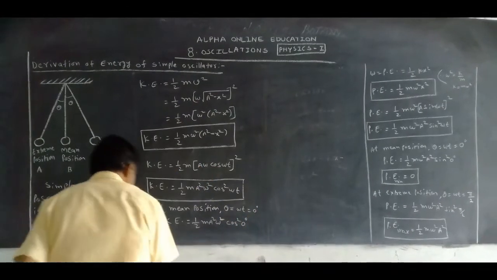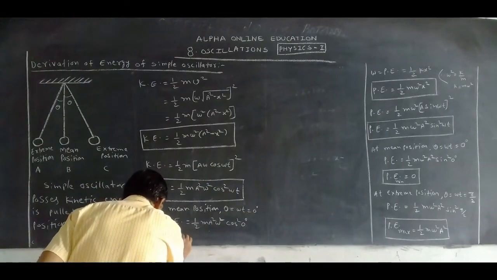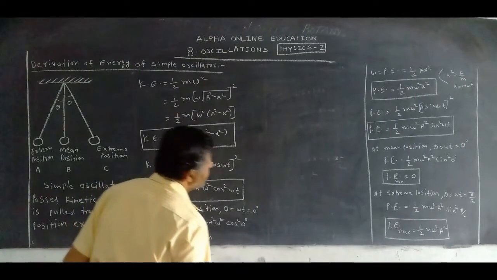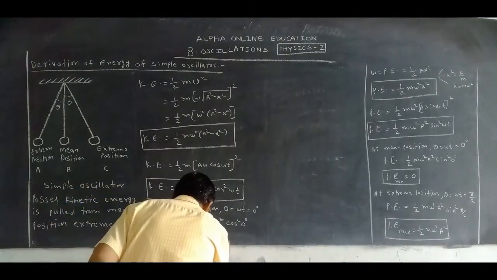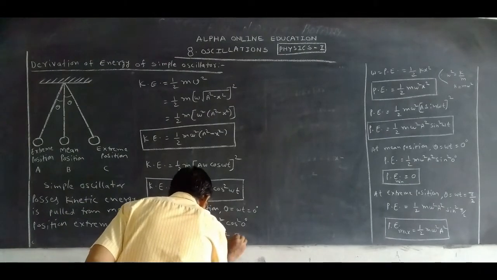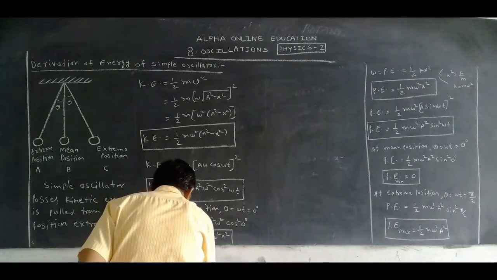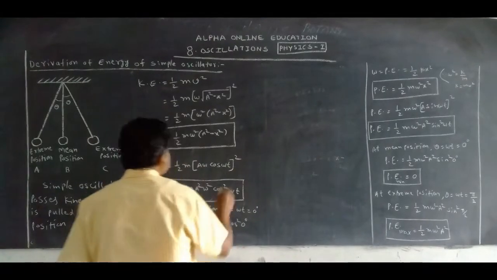Cos square 0 is how much? 1. So kinetic energy is maximum, half m omega square a square, at mean position.